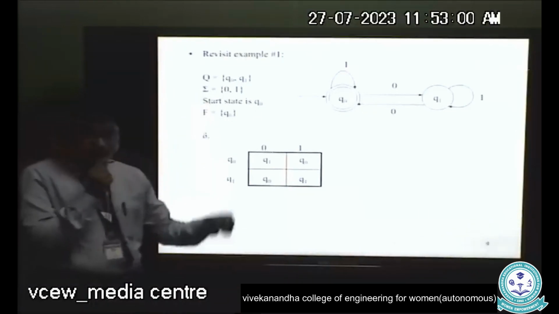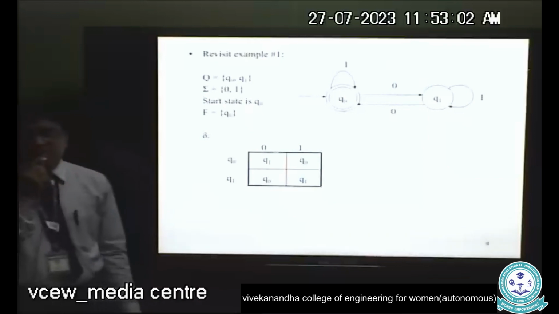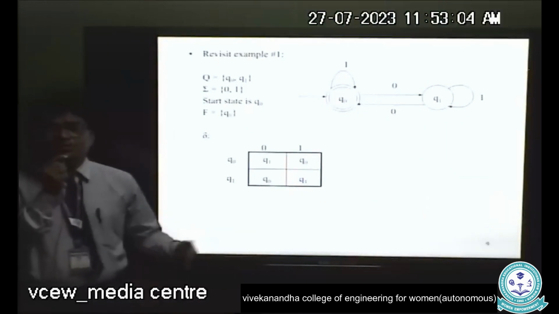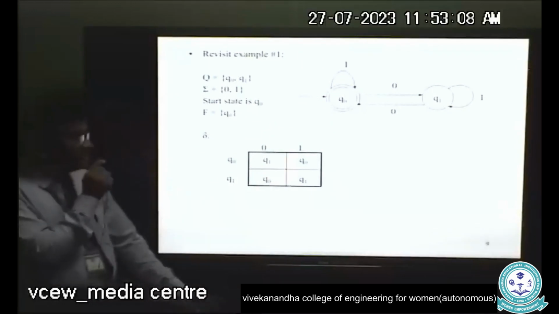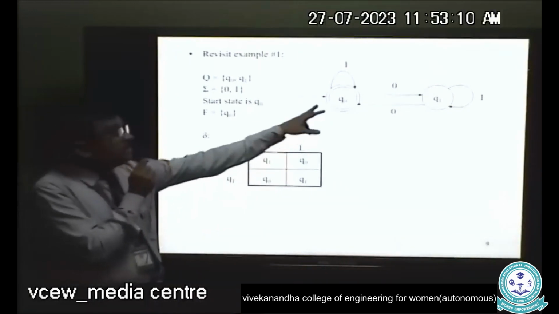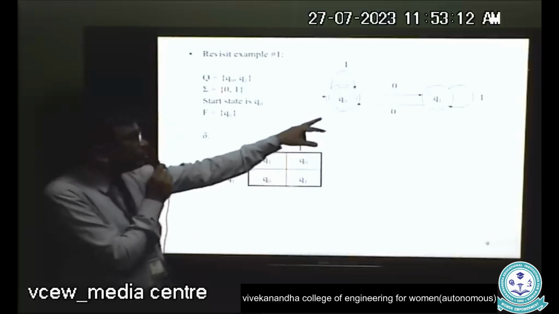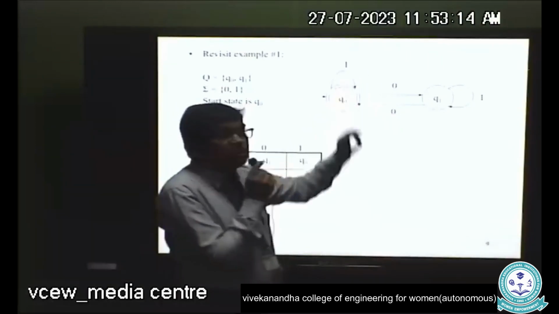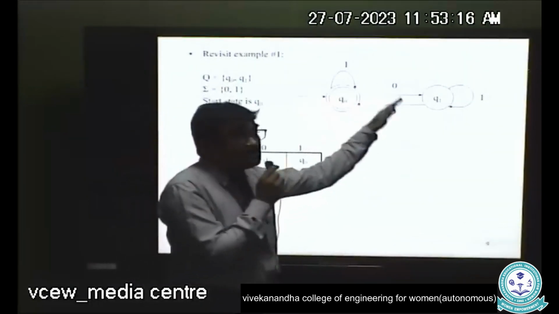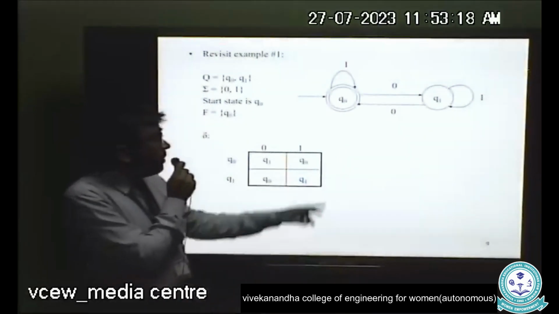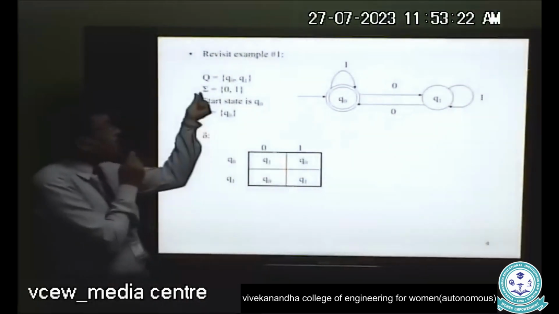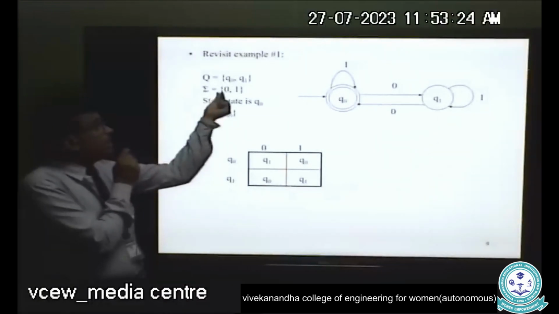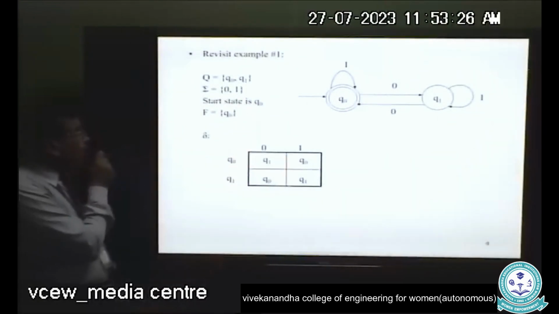Next, sigma represents how many input symbols are available in the given transition diagram. As we see here, we have two input symbols, 0 and 1. The transitions may be more than one, but the input symbols are 0 and 1. So you can write here sigma equal to {0, 1}.